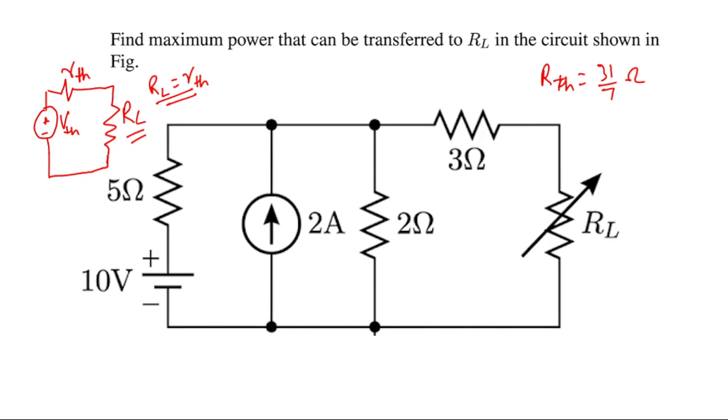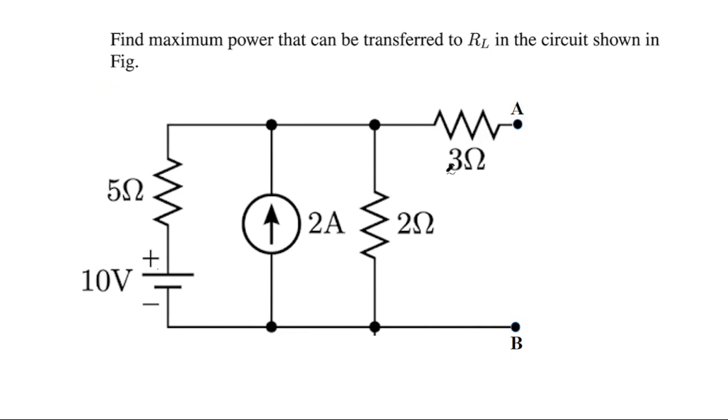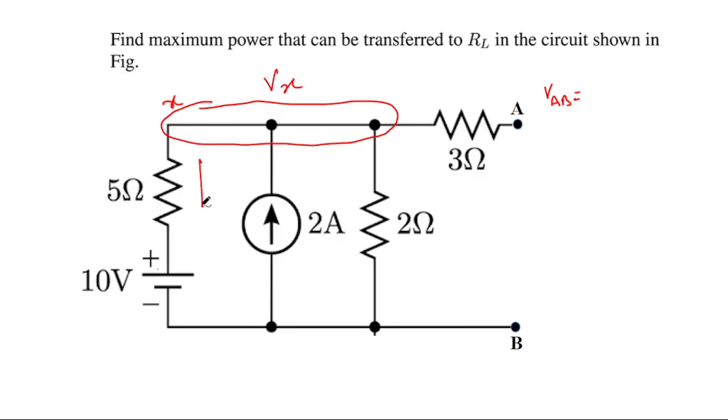And now we will find the value of VAB, the voltage between A and B. This voltage can be found by many methods, but here we will use the KCL method, Kirchhoff's current law. Let us assume this is a single node, say node X, and the voltage here is Vx. Let us assume that one current leaving this node X is I1.